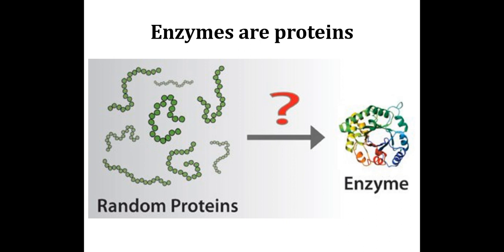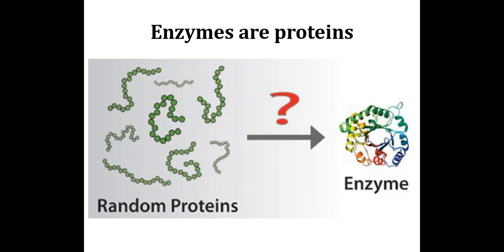So the quaternary structure, that is the fourth structure of a protein, is the subunit structure, meaning many small units get assembled with each other to form a protein, and that is called the quaternary structure of a protein.